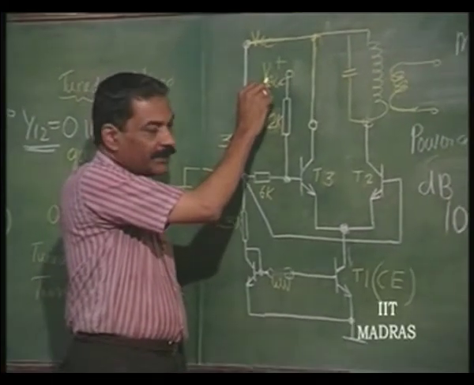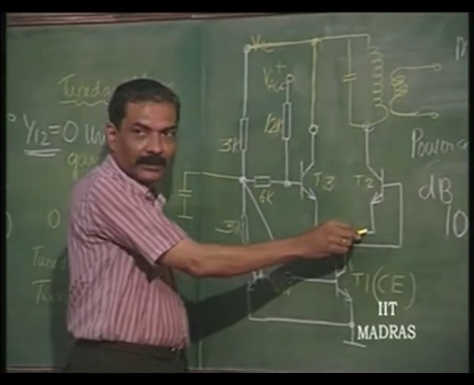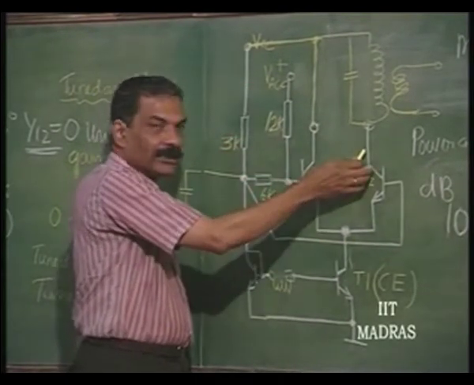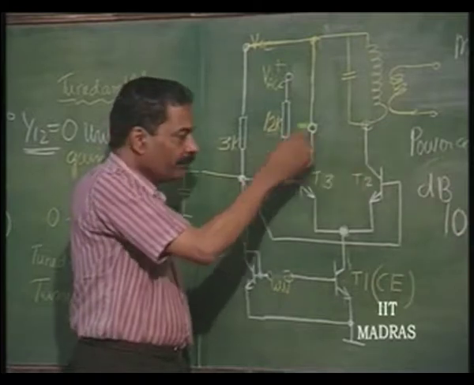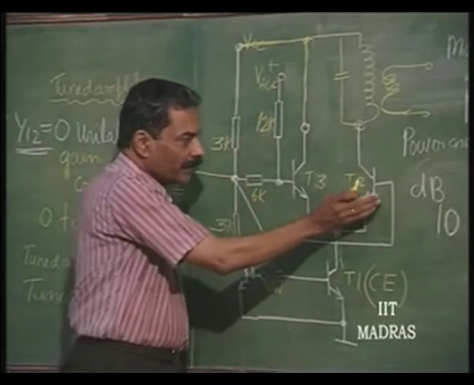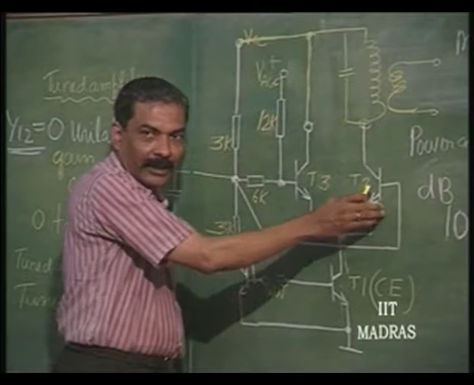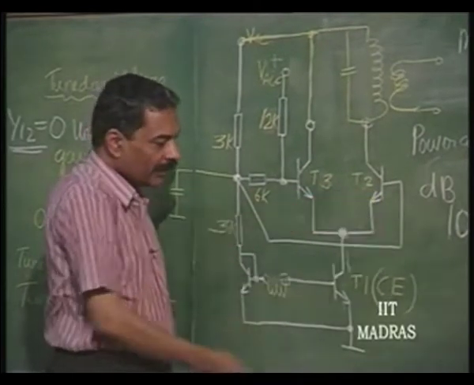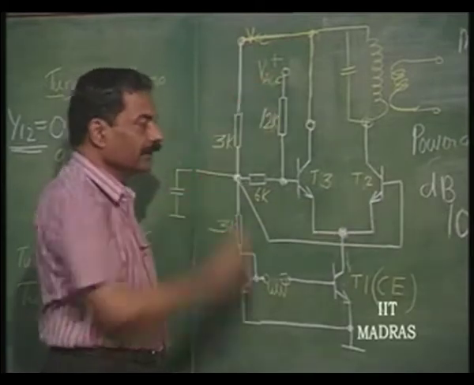Okay. If VAGC is 0, it is divided equally. If VAGC is large positive, then most of the current goes here and nothing goes here, and the gain is 0. If VAGC is negative, most of the current can be diverted to T2, and therefore, the gain is going to be the highest as given by this. So, the gain can be controlled by VAGC.